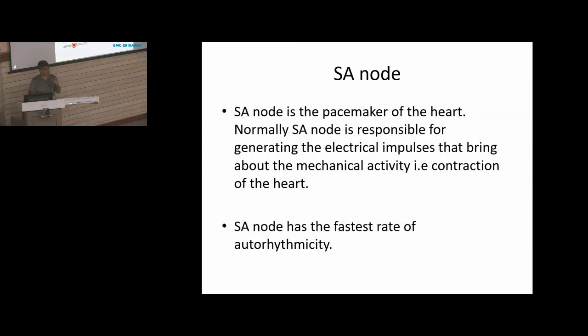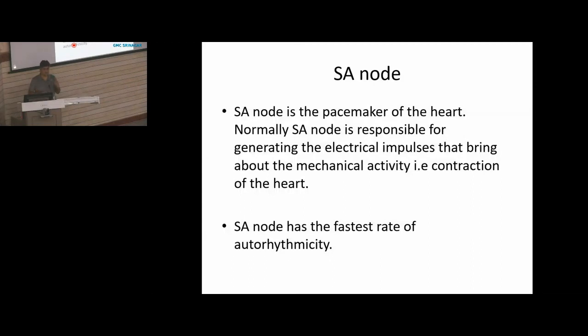So this SA node is always under the influence of vagal tone or parasympathetic nerve supply. That tends to decrease its rate of generation of impulse. Otherwise, if you remove this vagal tone, if you remove this parasympathetic influence on SA node, the SA node on itself will beat faster than 100 beats per minute.